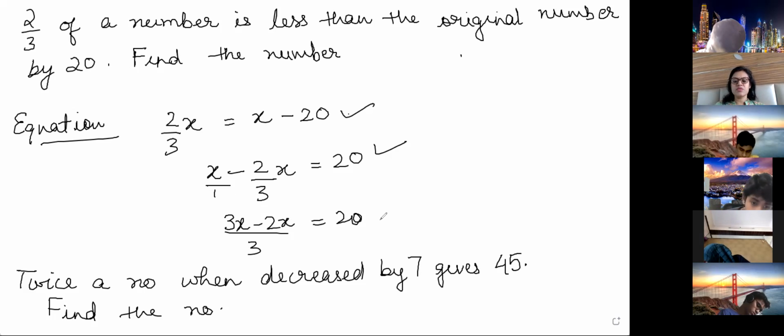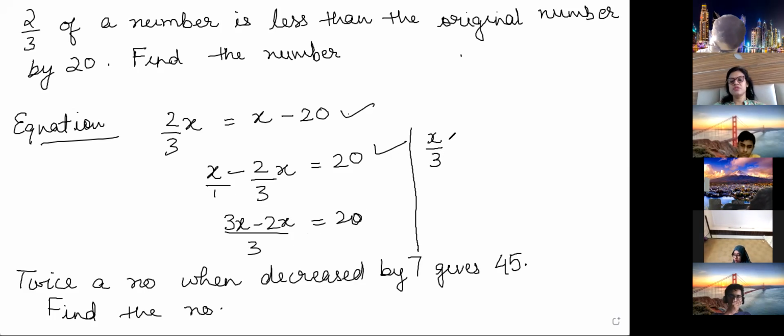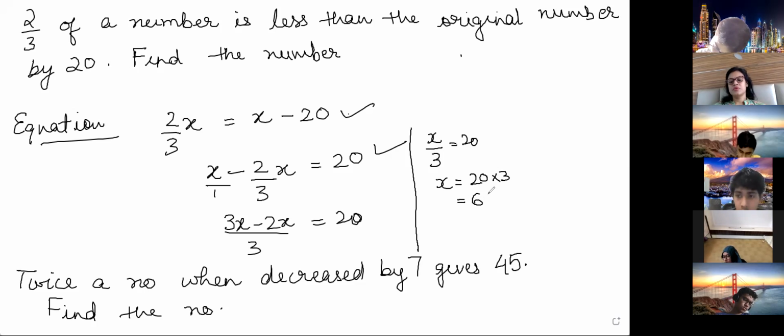The next step is x by 3 is equal to 20. So what answer will you get? x is equal to 20 into 3, which is 60. 60 is the answer. Now do the next question and give me the equation.